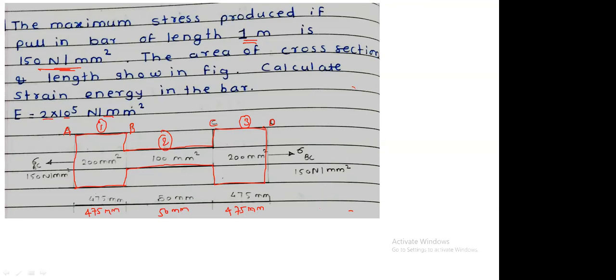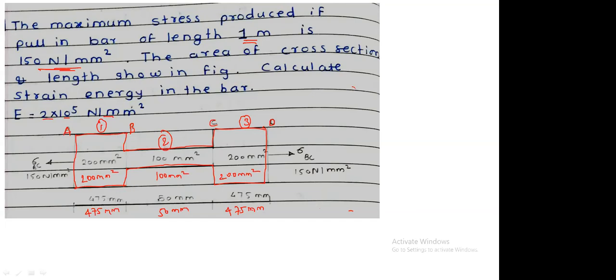Then section number 1 has a cross-sectional area of 200 mm square. Section number 2, cross-sectional area 100 mm square, and section number 3, once again the cross-sectional area 200 mm square.